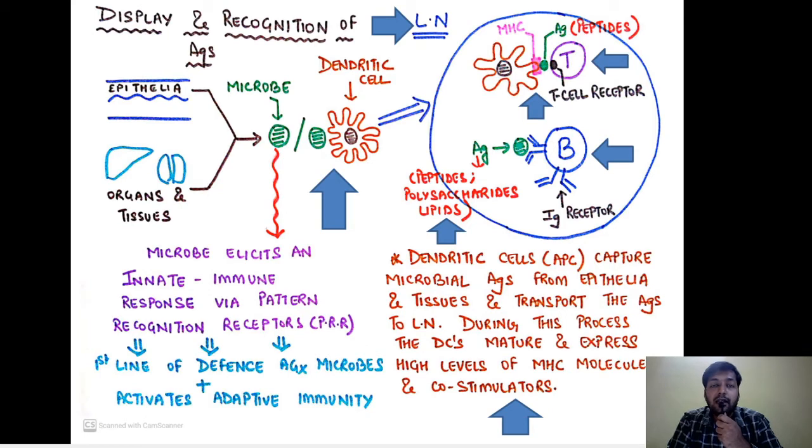Just remember that the microbe along with the dendritic cells can either come directly from the epithelia and the organs, or the microbes can first enter the lymph node by itself, and inside the lymph node the dendritic cells can recognize and present it.